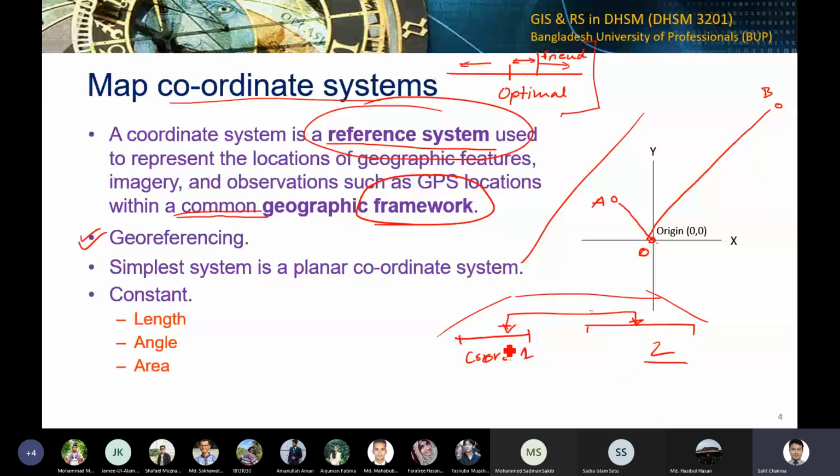Now, just like I showed you the problem of not knowing the coordinate system in the previous class, if I do not know which coordinate system is used for identifying some location, there is a problem.